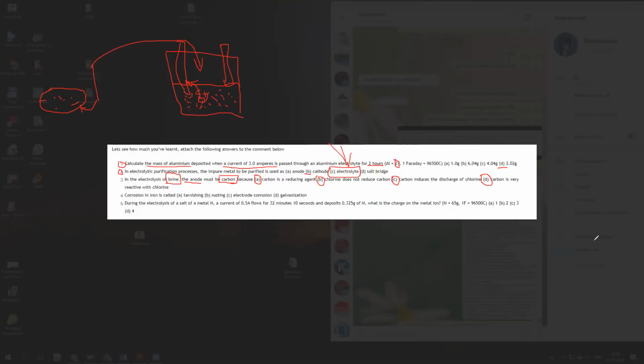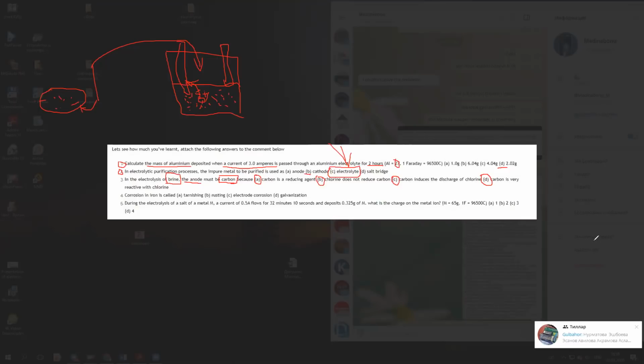So they conduct electrons, but they don't take part in the reaction. Yes, they do not participate in the reaction. They just let the redox reaction occur by conveying the electrolytic flow, the current.